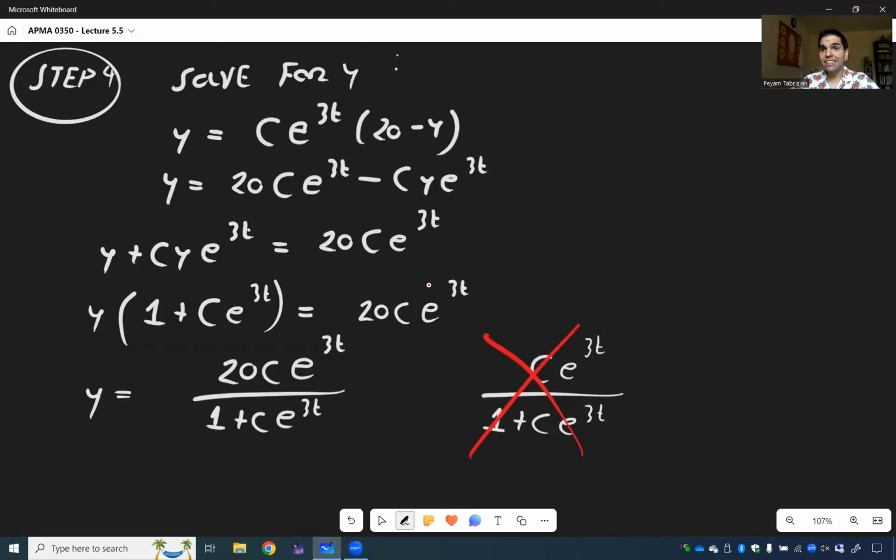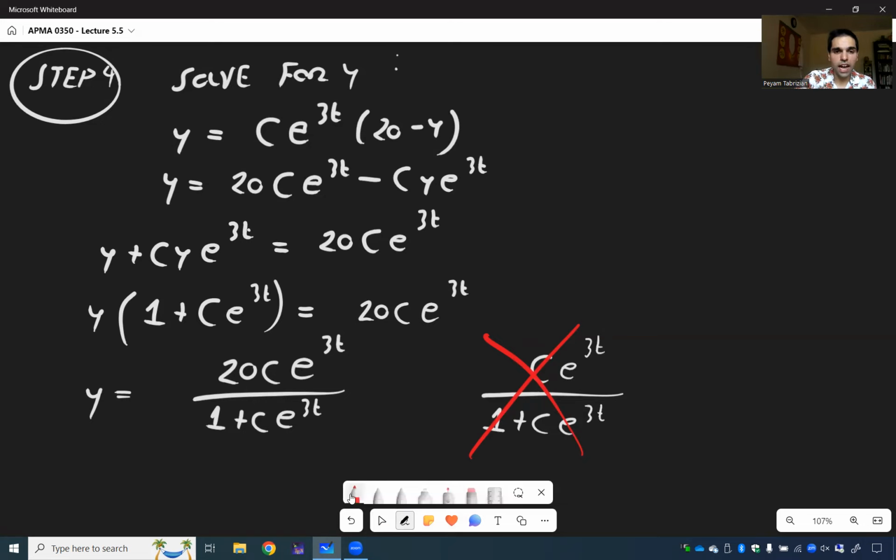And the reason is there is already a c in the denominator. So if you replace 20c by c, you have to divide the bottom by 20 as well. So it's kind of the relative values that are important here. So in other words, if you see those c's twice, don't relabel them.